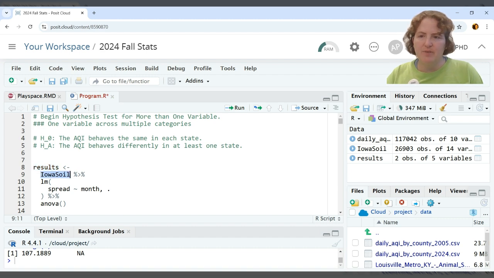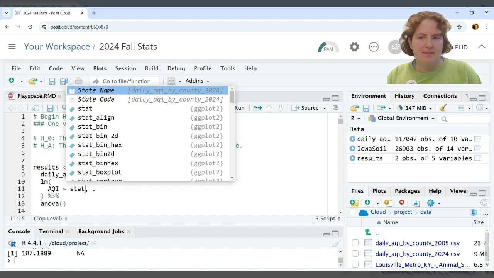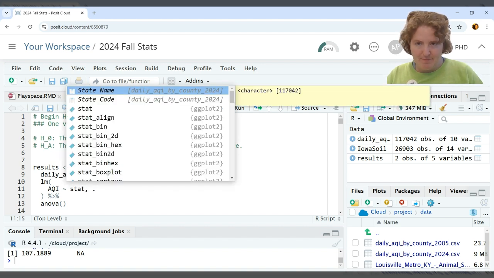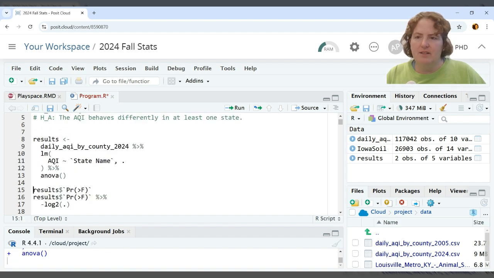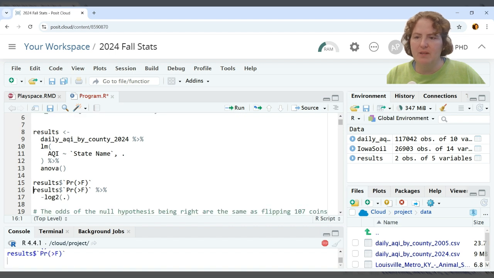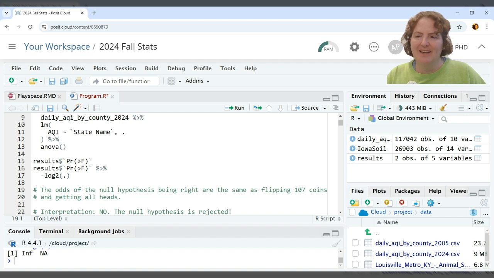In results, instead of Iowa soil, it's my daily AQI by county. And this time it's my AQI by state, state name. And run. And then this time my p-value, oh, it's thinking. My p-value says 0, which means it's tiny, and my number of coins is infinitely many.